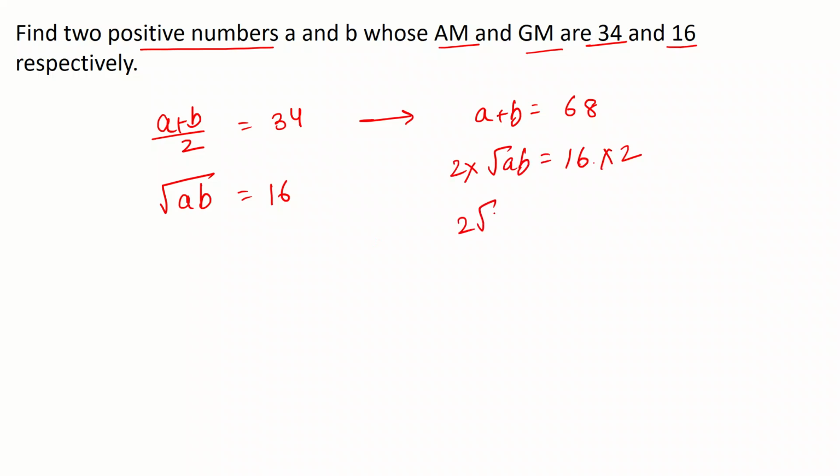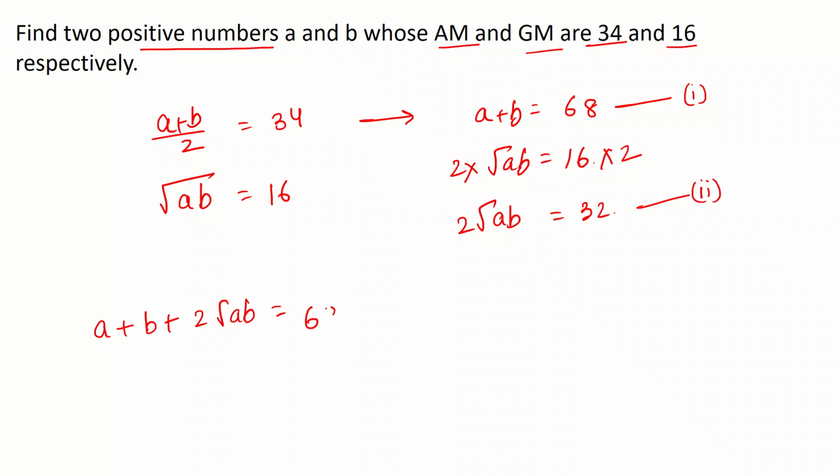So we have 2 root ab is equal to 32. Now consider this to be equation number 1 and this to be equation number 2. Now we can add these. So we have a plus b plus 2 root ab is equal to 68 plus 32.